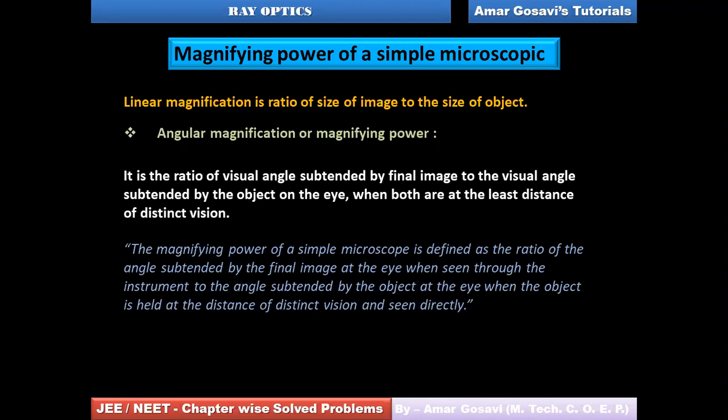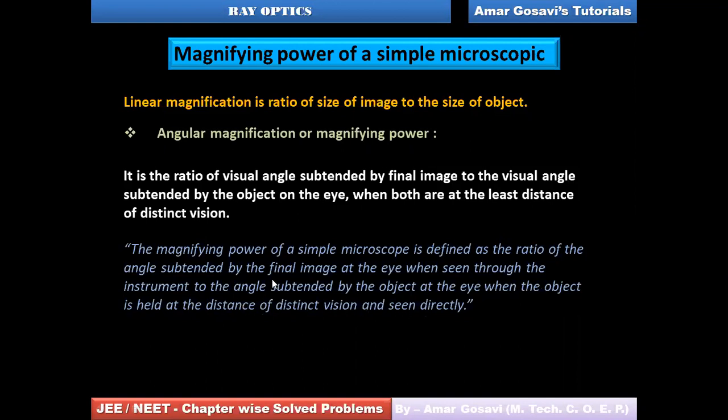In simple words, you can define magnifying power as the ratio of the angle subtended by the final image at the eye when seen through the instrument, to the angle subtended by the object at the eye when the object is held, very important to be noted, at the distance of distinct vision and seen directly.